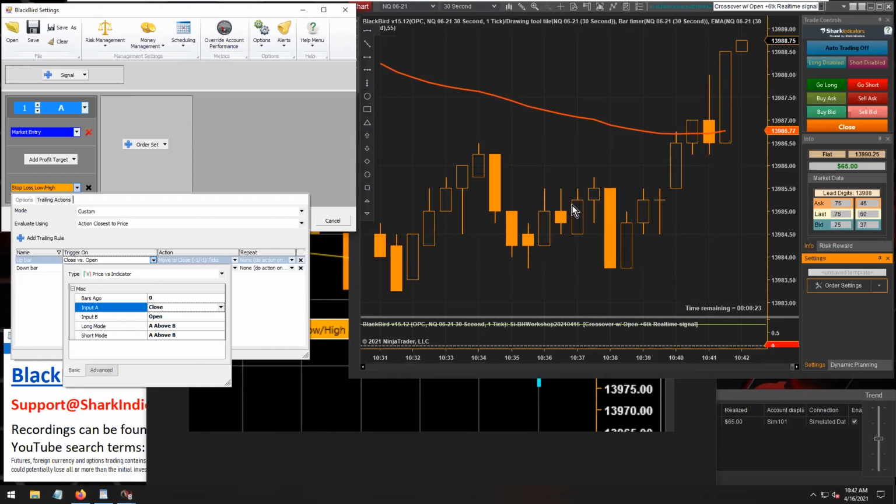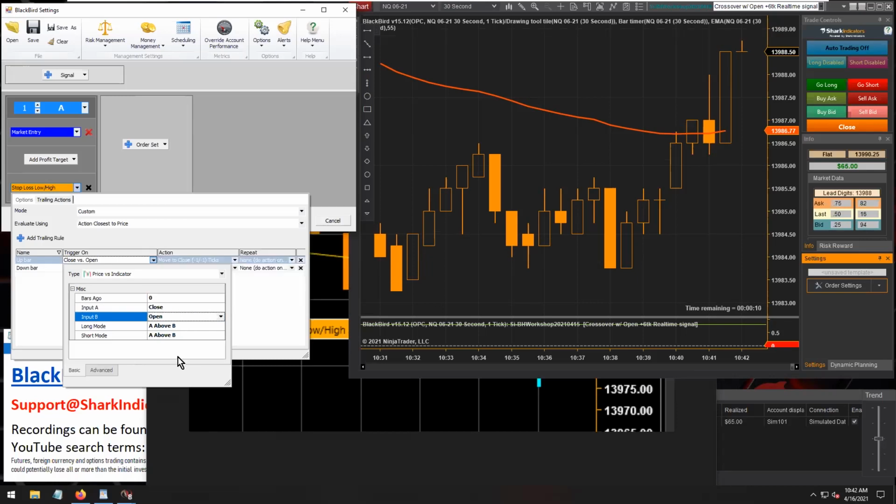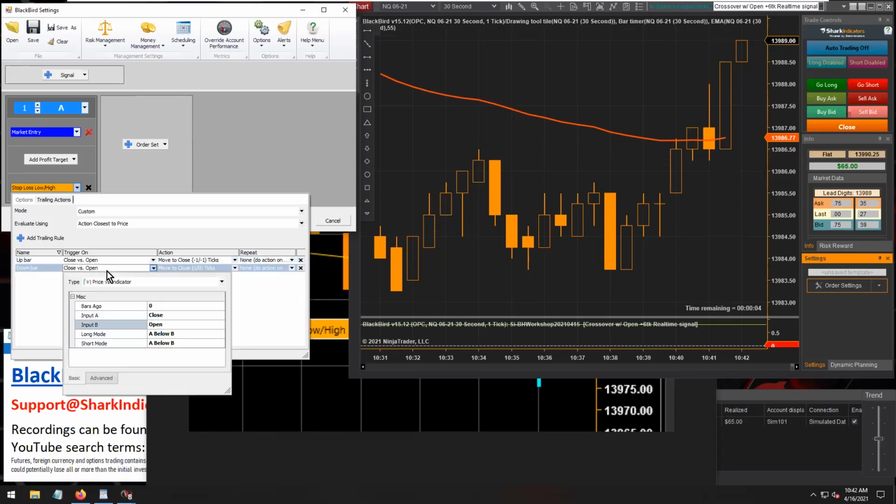So if calculate is set to on price changed, or if the calculate is set to on each tick, then that is when you need to increase the look back period for both prices here, for both the close and the open, and you have to do that for both trailing rules.